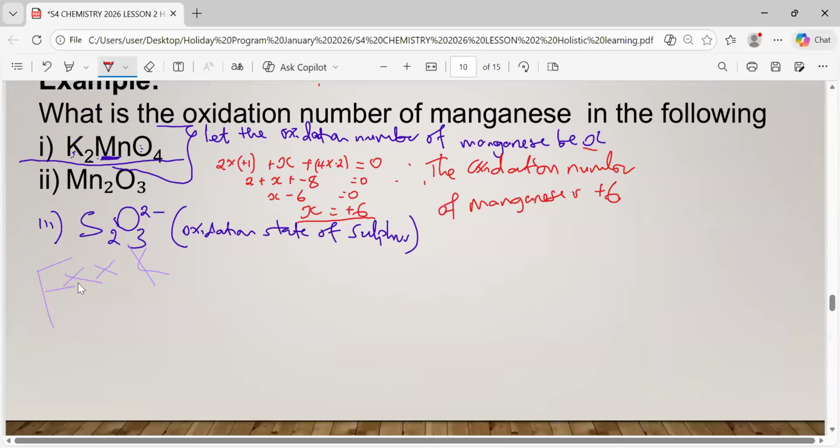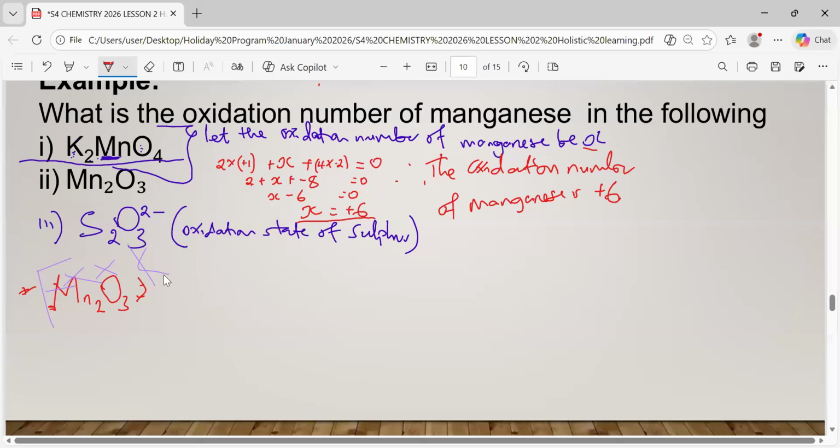Now, can you try this one together? Tell me what to do for this one. Manganese oxide. We want the oxidation state of manganese here. What do we do? Be very fast now.